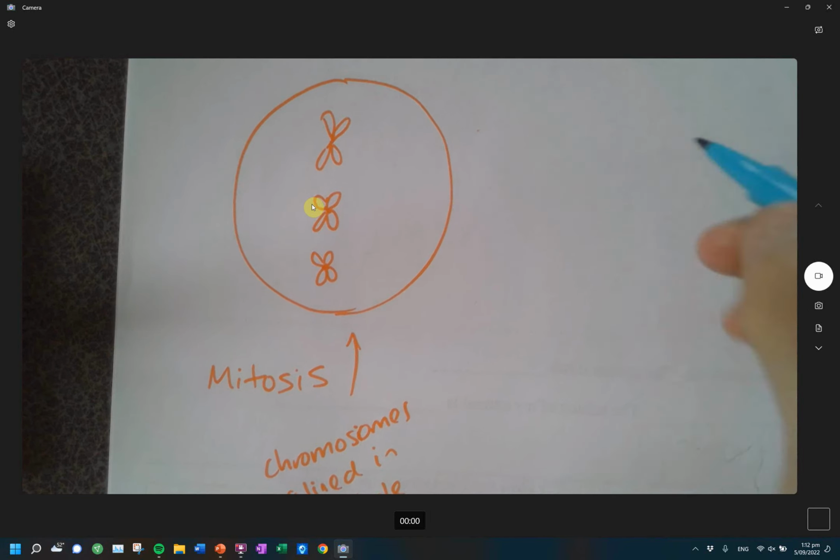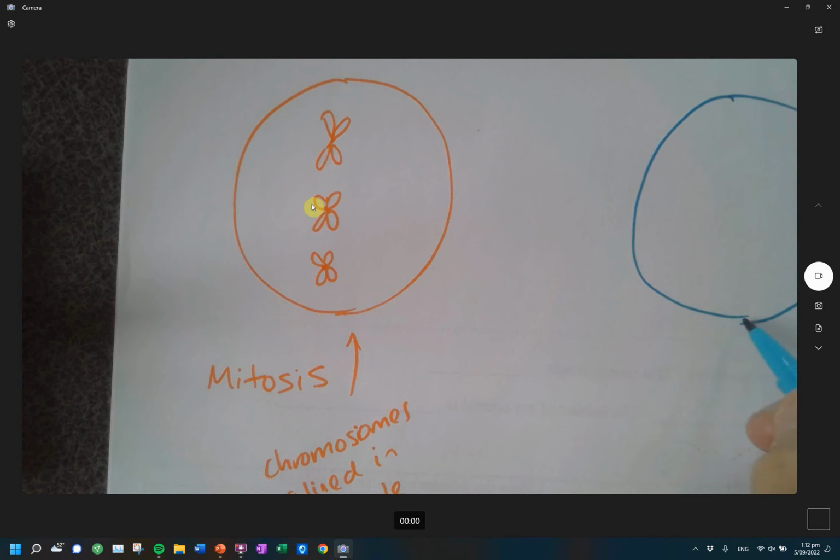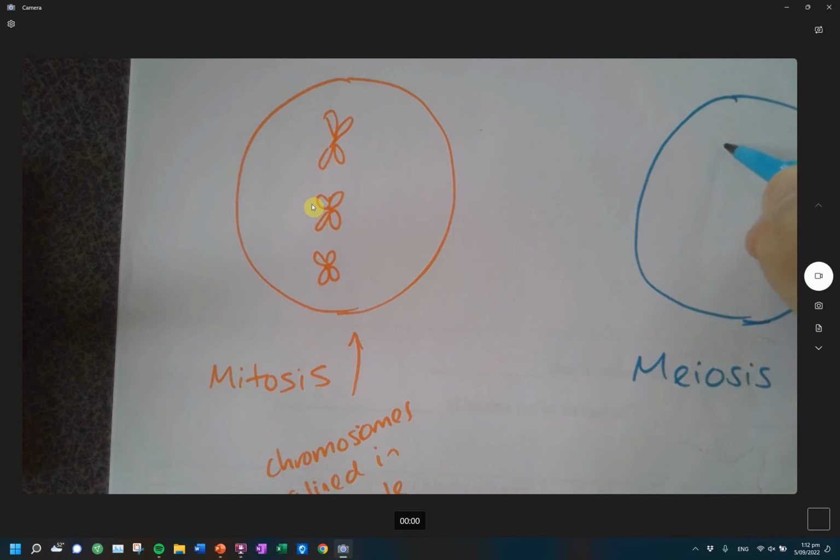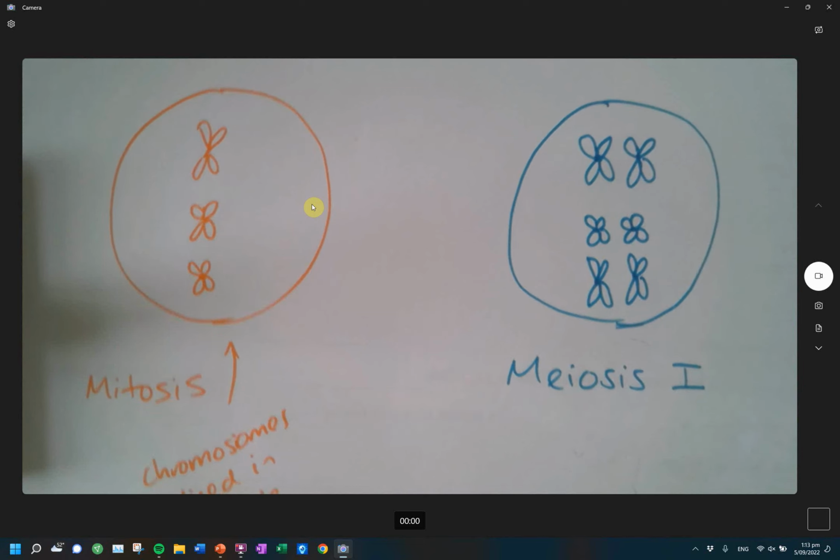All right, in meiosis, when they align, remember they're going to line up in homologous pairs first. So they line up as homologous pairs.